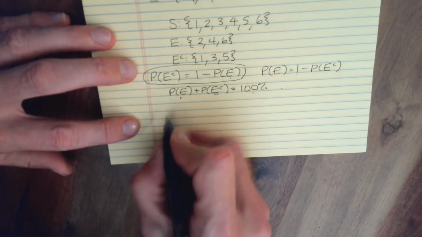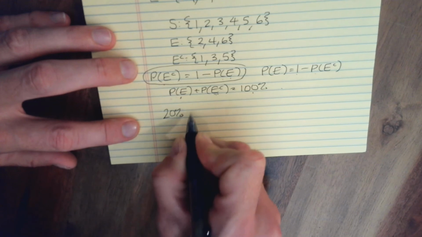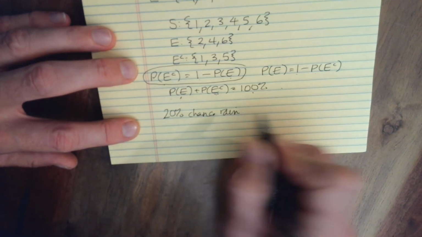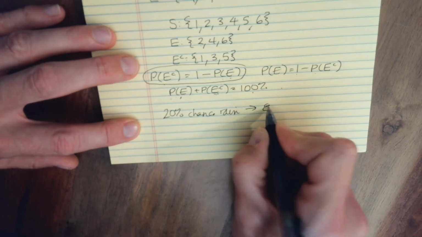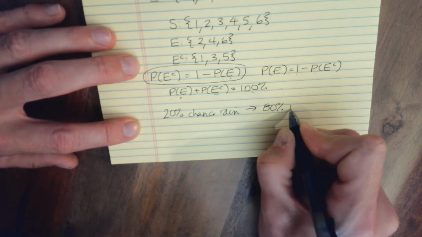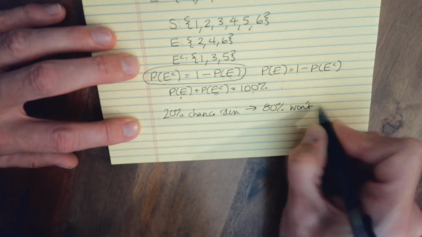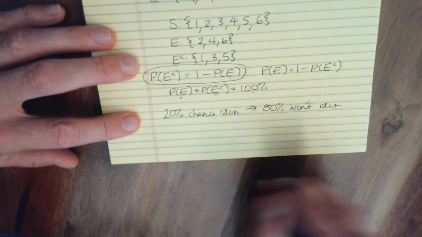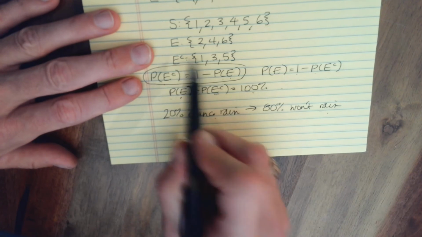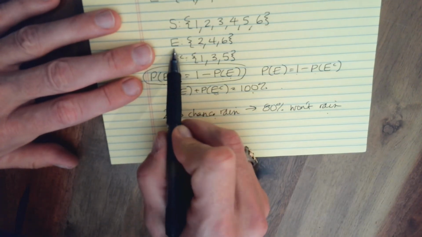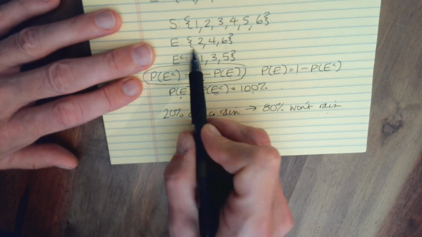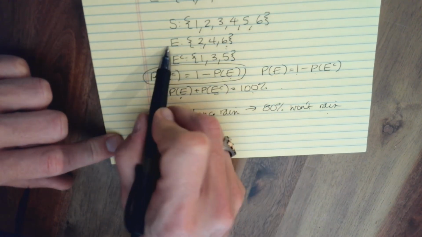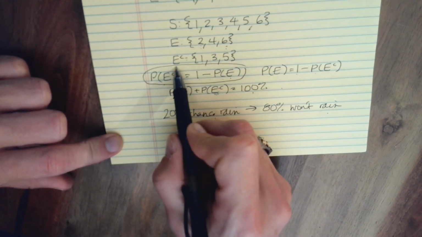For instance, if I told you that there was a 20% chance of rain, most people would understand that that indicates there's an 80% chance that it won't rain, because either it will or it won't. In this case there were just two possibilities. But sometimes your event has more than one outcome in it, such as in this example where there were 3 things in the event E and another 3 things in E's complement.